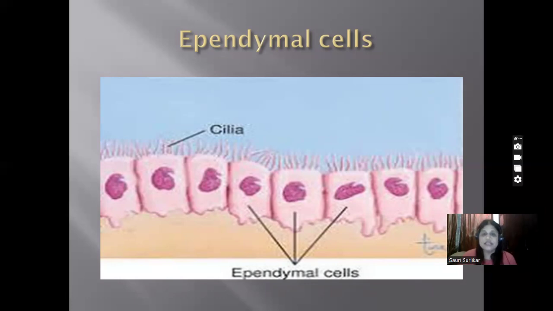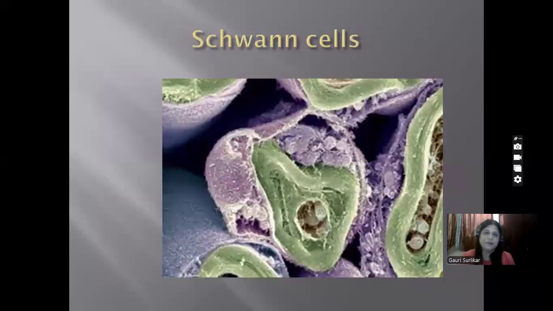So CSF is a fluid which looks like water, is clear, and where is it present? Inside the brain, in the ventricles of the brain, and in the middle of the spinal cord there is one canal running, which is called the neural canal, in which these ependymal cells are present. So the main function of ependymal cells is to secrete CSF, cerebrospinal fluid.